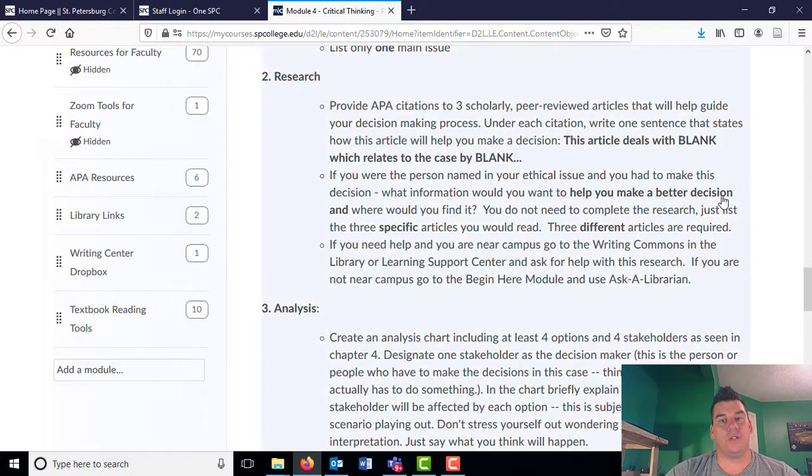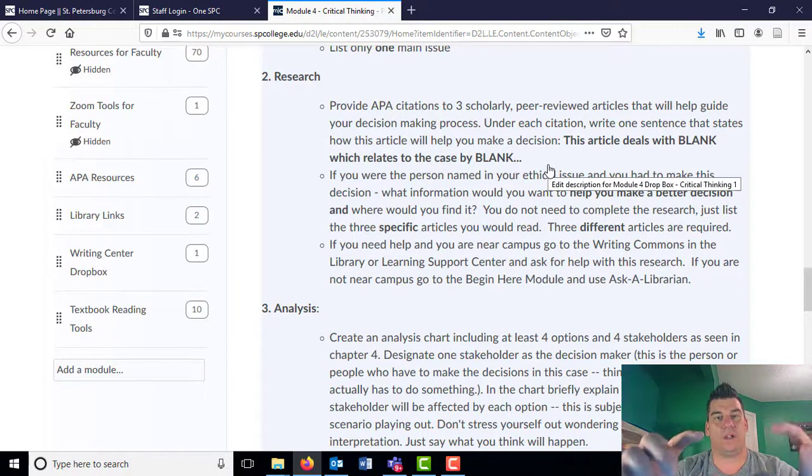So what you're going to do is use these 3 articles, and what it says here is you're going to write 1 sentence that states how this article will help make a decision. So this article deals with blank, which relates to the case by blank.